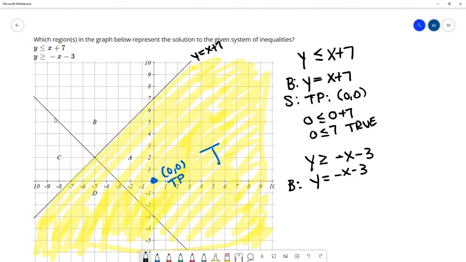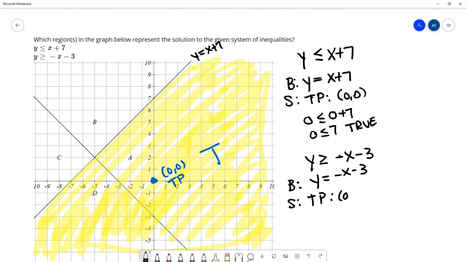That boundary line has already been graphed for us. We have a slope of negative 1 and a y-intercept of negative 3. So you can see that y-intercept at negative 3 and our slope down 1 over 1. That's negative 1 slope.